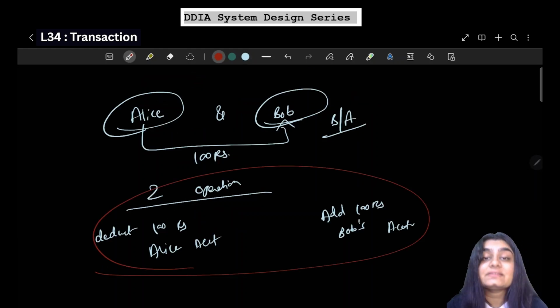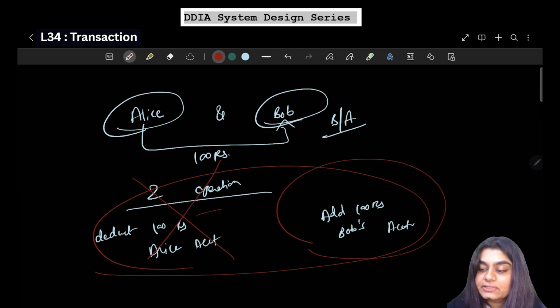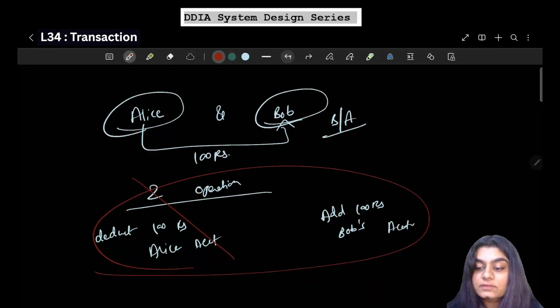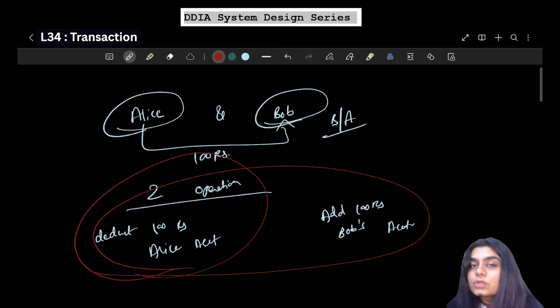Treating this as a single transaction ensures that either both the updates happen or neither of the updates happen. If a crash happens after deducting the money from Alice's account, but before crediting the money into Bob's account, a rollback will reverse the Alice deduction. So no money is lost or credited. From the application's perspective, the two operations A and B are inseparable. They succeed or fail together.